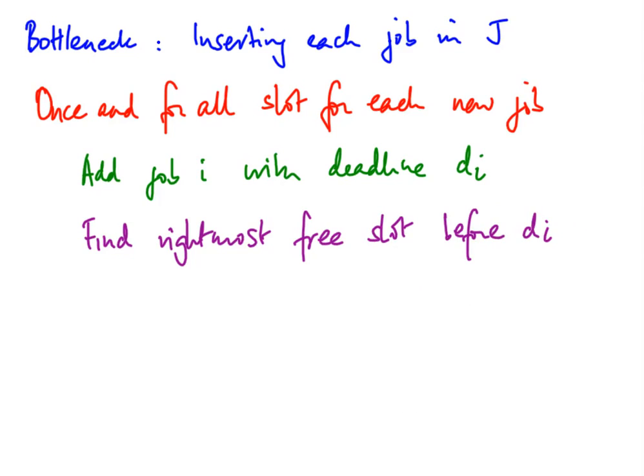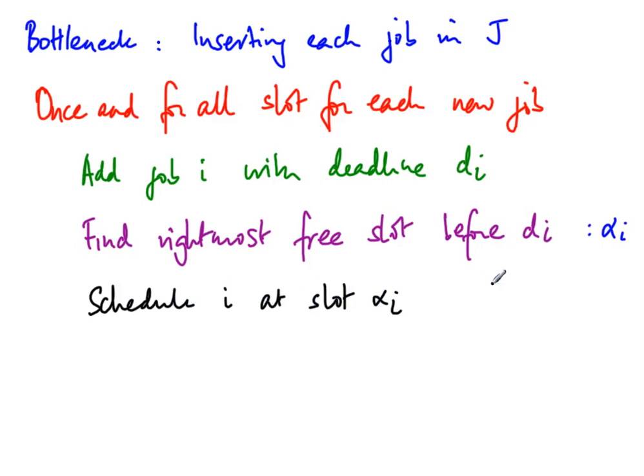Okay. So let us call this slot, say, alpha i. Right? So alpha i is the rightmost free slot which is before the deadline. And so now what we would like to do is we would like to schedule i at slot alpha i.